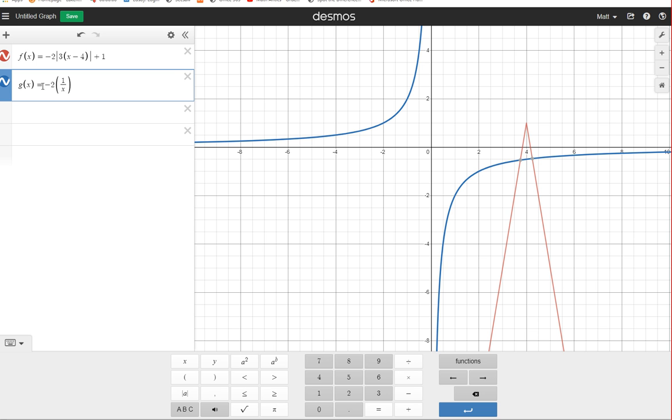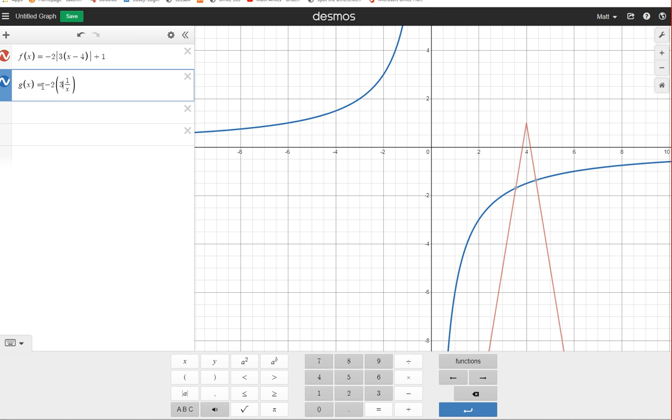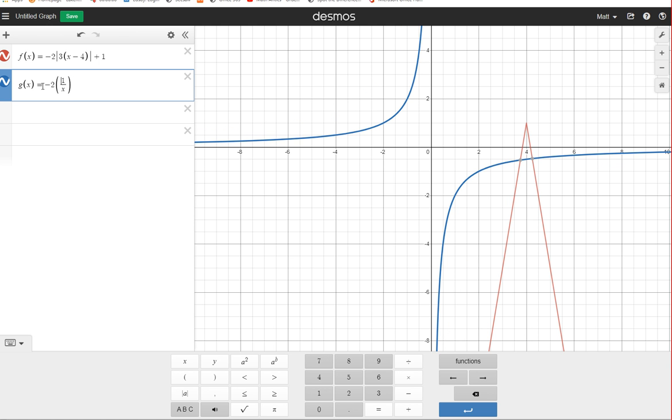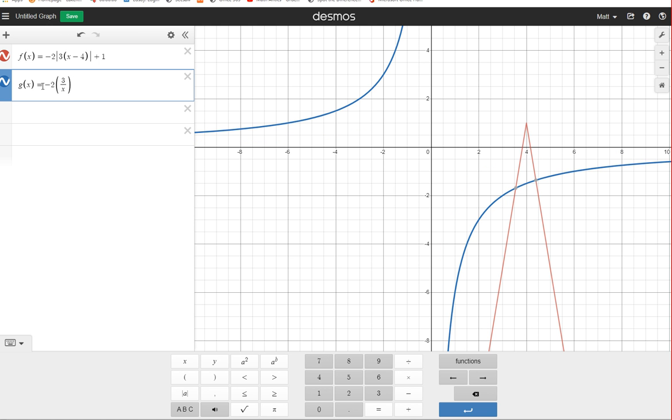Next, I'm going to do a horizontal compression by a factor of 3, so I have to multiply it by 3, which I'll do inside the brackets. Note, I could write it like this, or I could just make the top a 3 instead of a 1. That's the same thing, because 3 times 1 over x equals 3 over x.